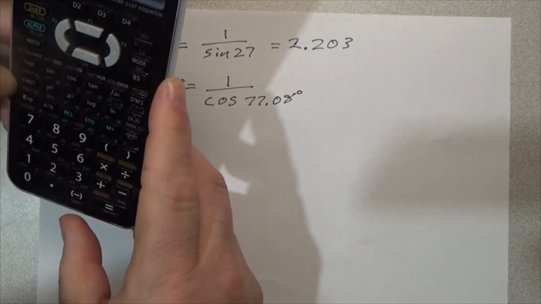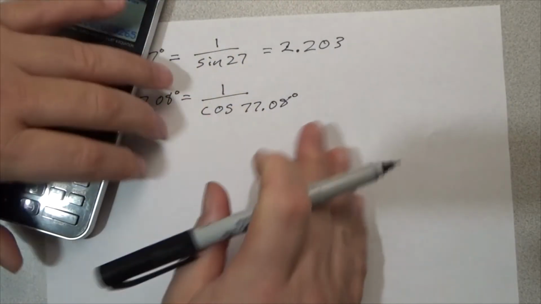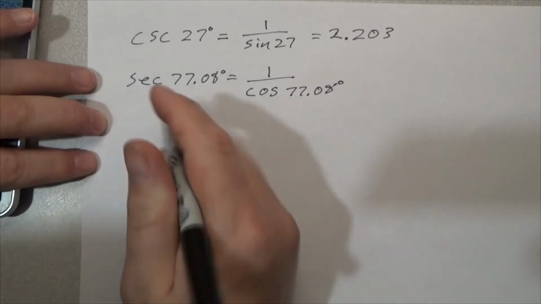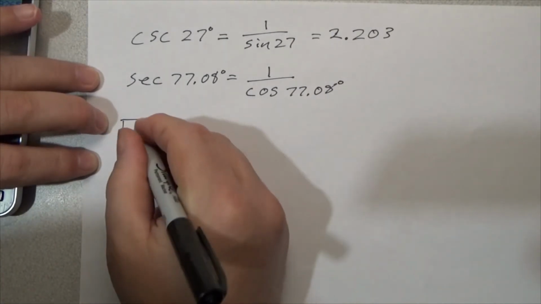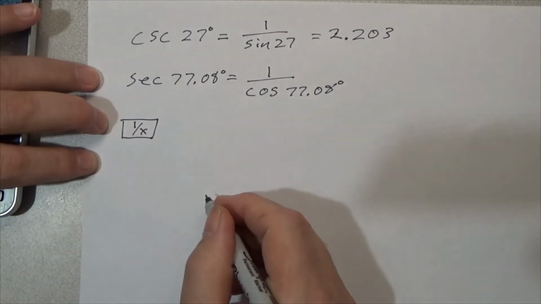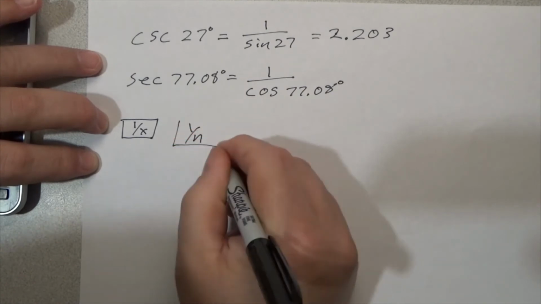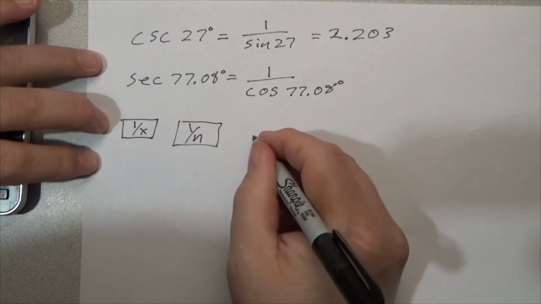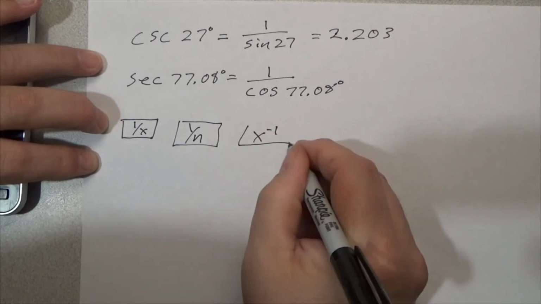See, I use mine so little I can't even tell you where it is exactly. But it'll look something like this. The button, and it'll say 1 over x. That's one way of doing it. It could say 1 over n, or it could say x to the negative 1, or n to the negative 1.